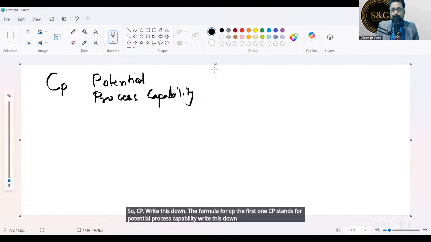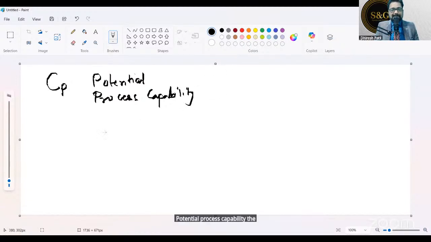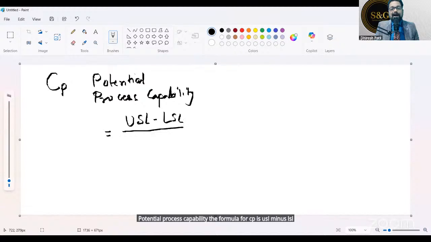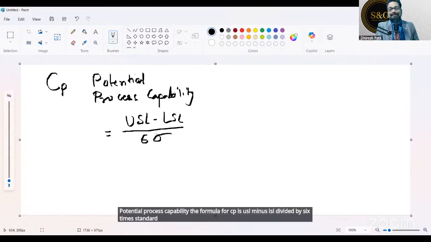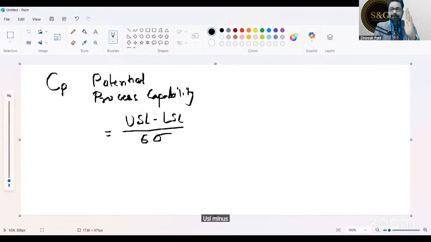The formula of CP is USL minus LSL divided by 6 times the standard deviation of the process. That is called CP, which is a potential process capability.